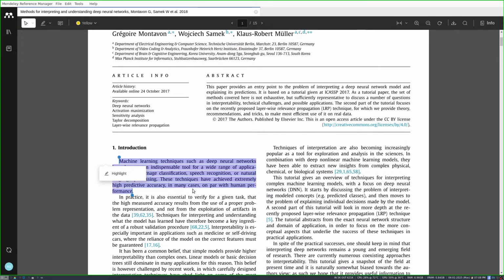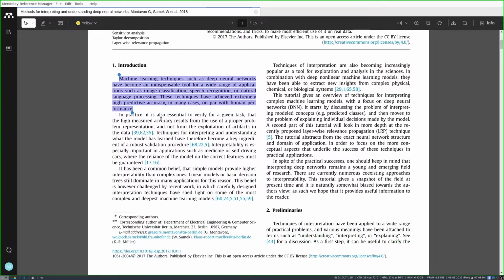In practice, it is also essential to verify for a given task that the measured accuracy results from the use of a proper problem description and not from the exploitation of artifacts in the data. Techniques for interpreting and understanding what a model has learned have therefore become a key ingredient of robust validation procedures. Interpretability is especially important in applications such as medicine or self-driving cars where the reliability requirements are high.